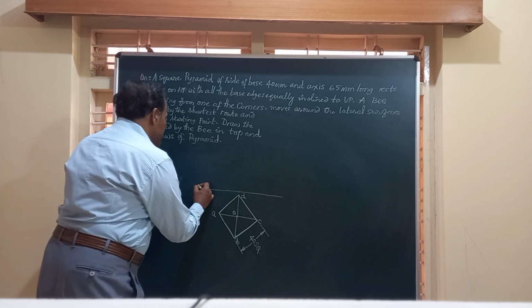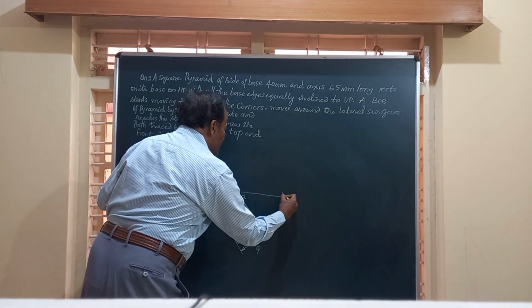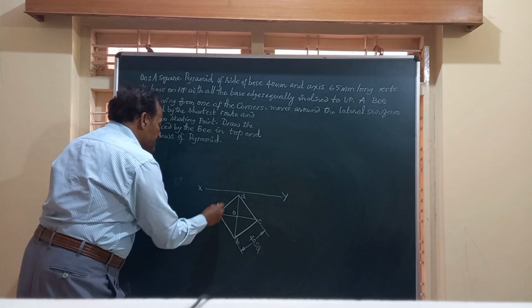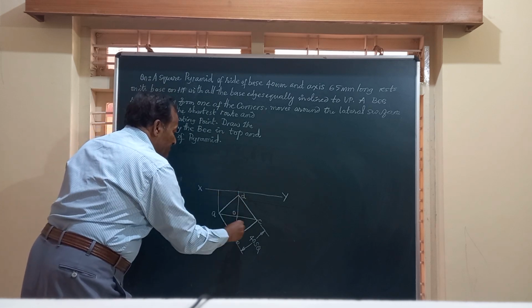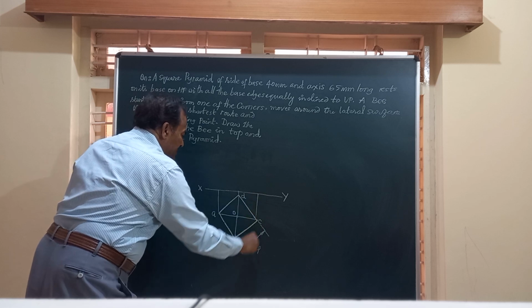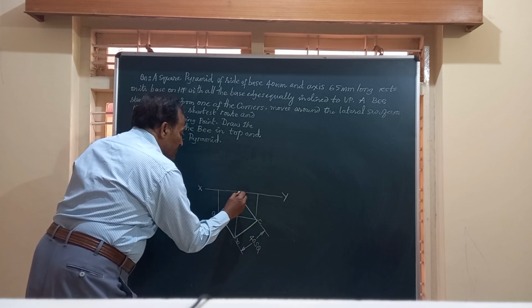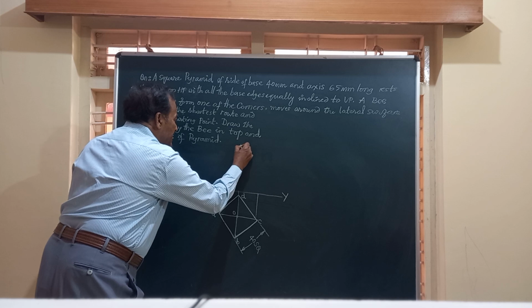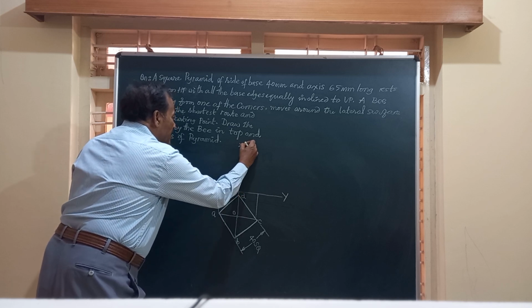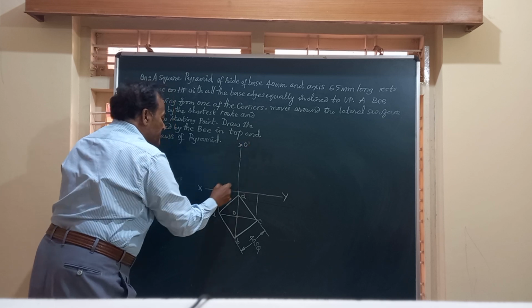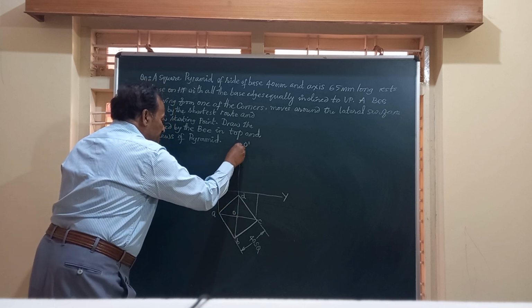Now, this is the XY line you have got. We will project all these points to the front view like this. This is point A, B and D. This is point C. Through this, we will draw a vertical line representing the axis of the solid. Join the vertex O dash to these points of the base like this.